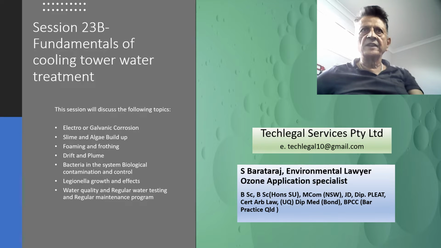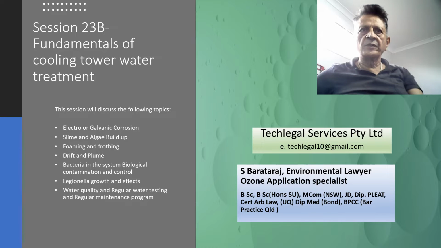This will be session 23B on fundamentals of cooling tower water treatment. This session will describe the following topics: continuation of the corrosion, this is electro-galvanic corrosion. Then we shall be discussing something on slime and algae and the importance and effects on cooling tower systems.